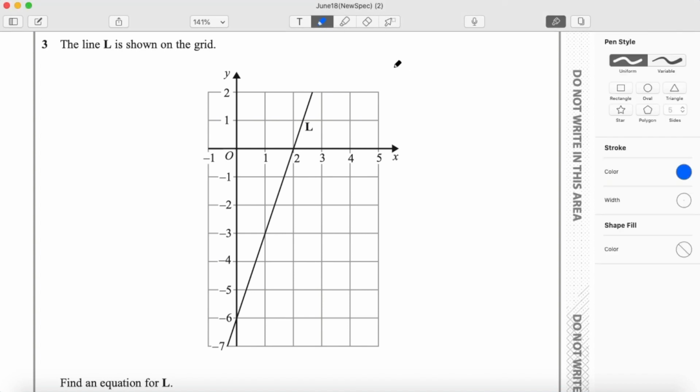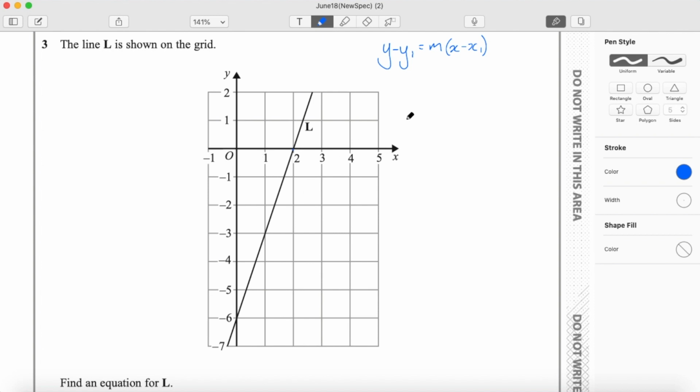So, the way I like to do these questions is using our two tools. y minus y1 equals m(x minus x1) will give us the equation of any straight line, provided we know the gradient m and a point on the line (x1, y1), which we can work out for this question.